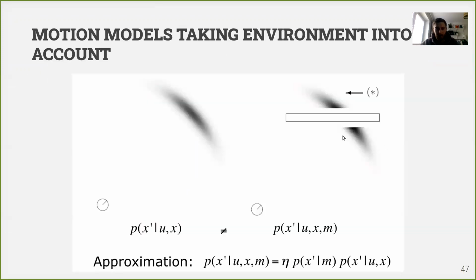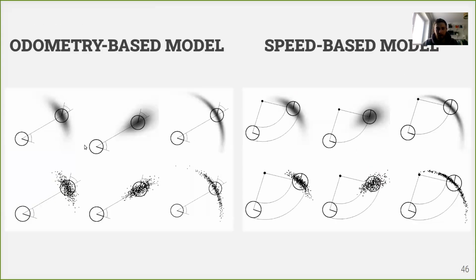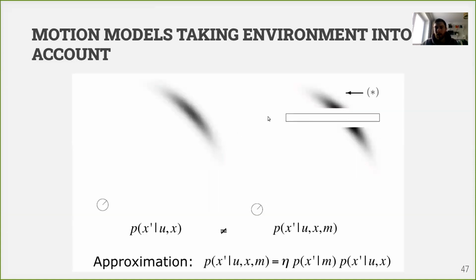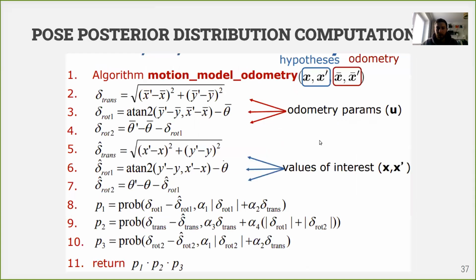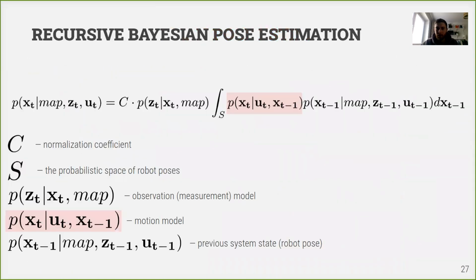And the last thing here is that there are also some modifications to motion models. For example, this one takes the environment into account. Imagine we have our motion model, which gives us this banana-shaped distribution. And imagine we have a map, right? Actually, in the motion model here, we don't use a map.